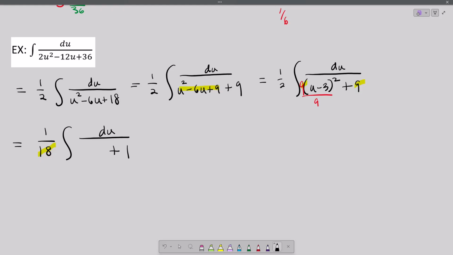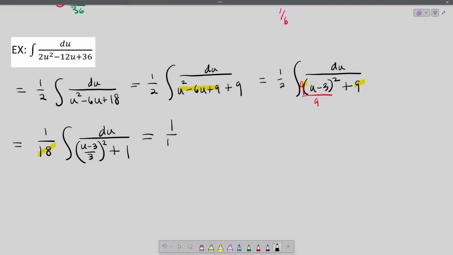And we want this quantity to be written as a single square, so u minus 3 divided by 3, quantity squared. Now we have it written in specific arctan form, not general arctan form. So now we can integrate immediately.